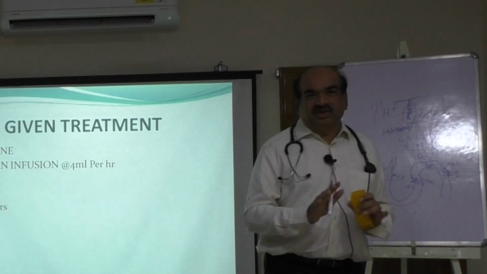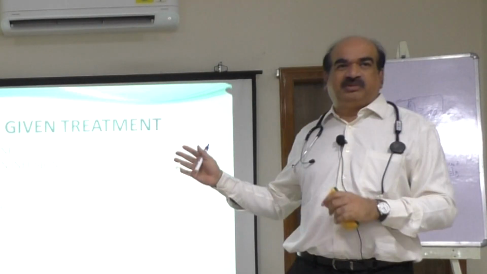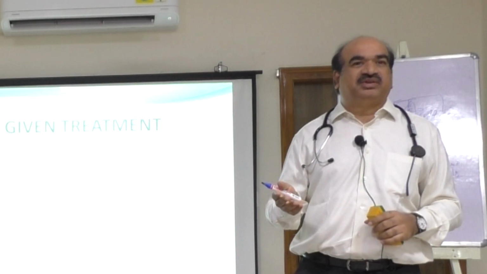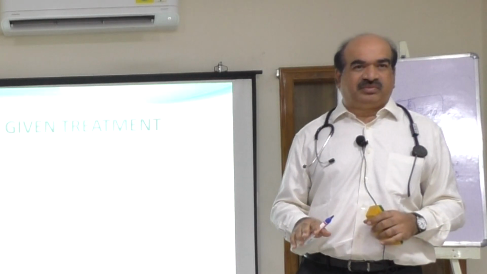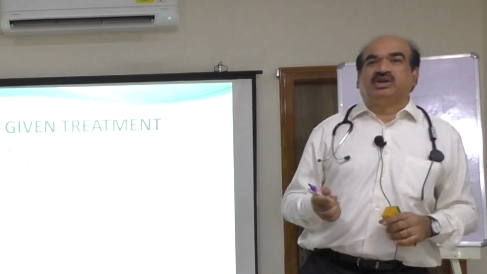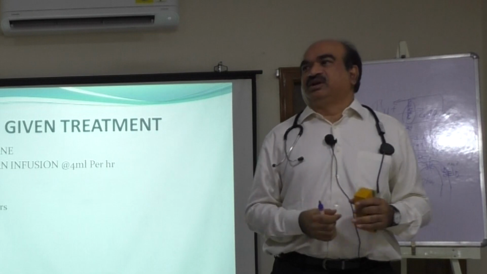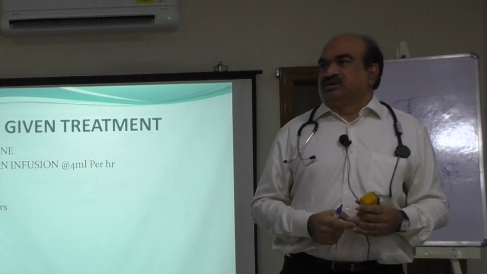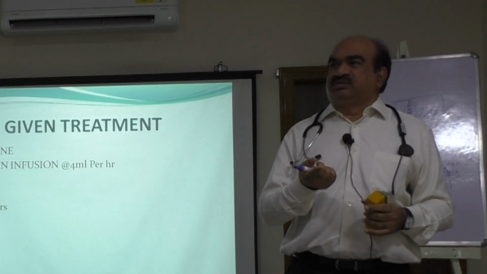Vomiting can cause hypokalemia. Suppose the patient has vomiting for 1 or 2 days, even that can cause hypokalemia. In this case there is diarrhea. How can vomiting cause potassium loss? What is the potassium loss in vomiting?